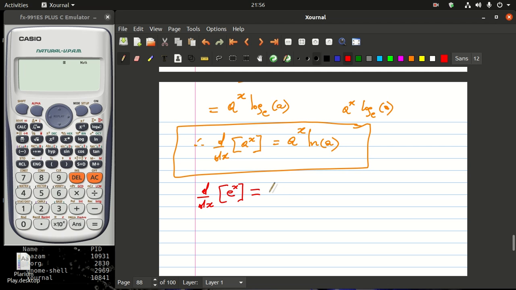You will find out actually that this constant can be any constant as long as it is bigger than 0. So this whole thing is going to be e raised to x, and then ln of that constant that we had. We just place an e there, and we know that ln of e is just 1. That is why we end up having something of this nature for this one.